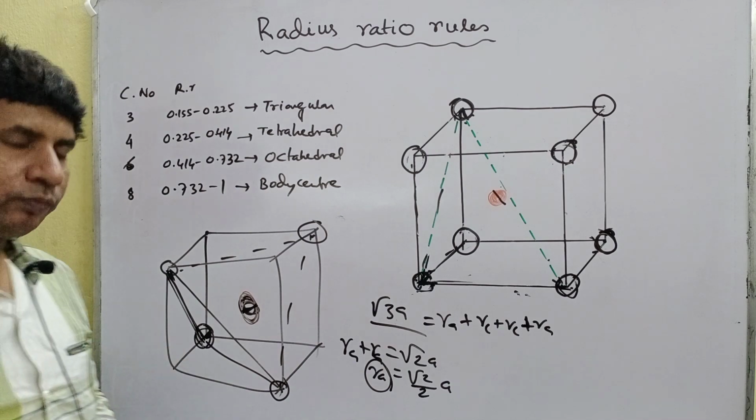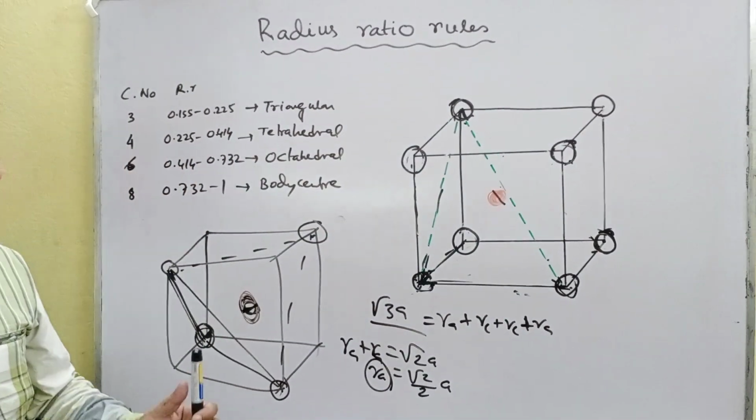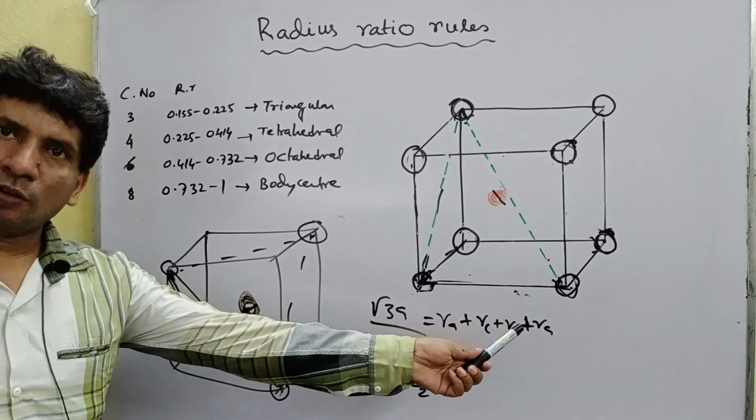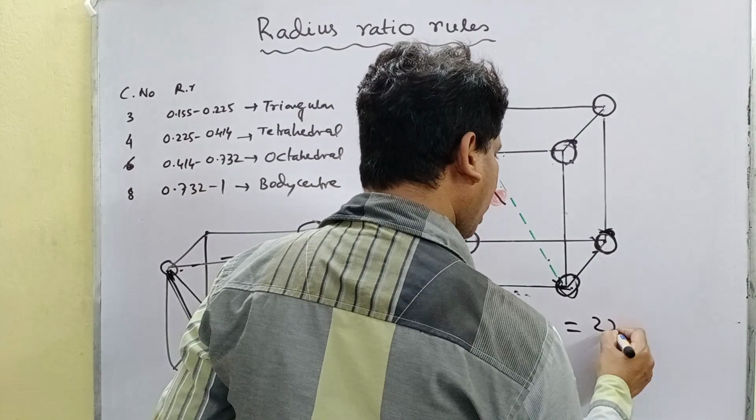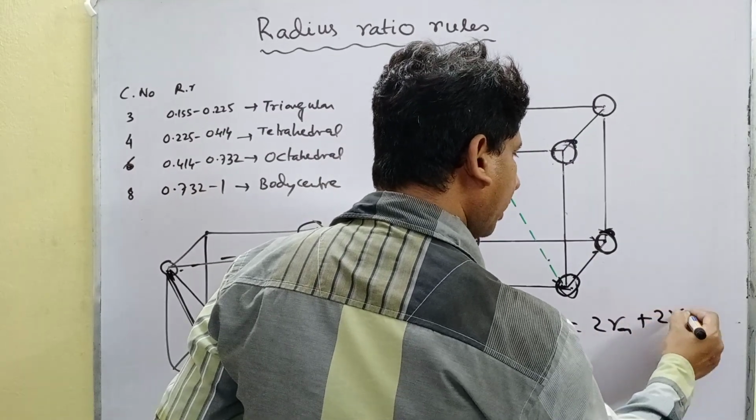Okay, now this is the actual equation. Another equation is this: the body diagonal is 2RA plus 2RC, which equals √3a.